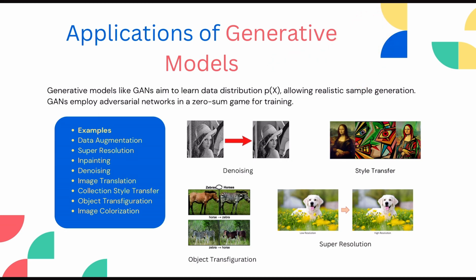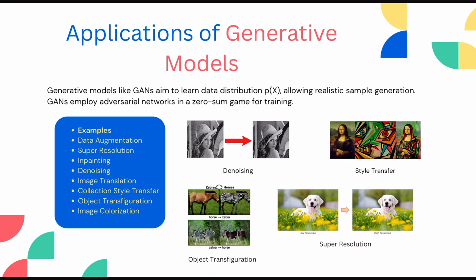So generative AI models like GANs, which is basically a generative adversarial network, aim to learn the data distribution P of X, allowing realistic sample generation. So GANs employ adversarial networks in a zero sum game for training. We will not need to deep dive into the zero sum game and the GAN algorithm, because I would say this is kind of history or background about the advances and improvements over the generative models.